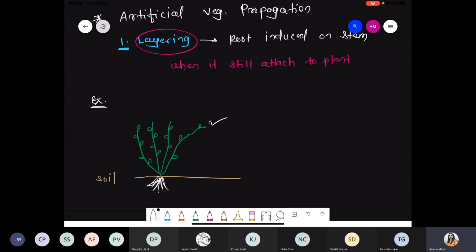Whatever leaves are present we have to remove, the tip region should be upright, and we have to create a specific type of cut. Now we simply bury that stem part inside the soil. After the cutting, it secretes a specific kind of chemical, cell division gets induced, and new roots form.